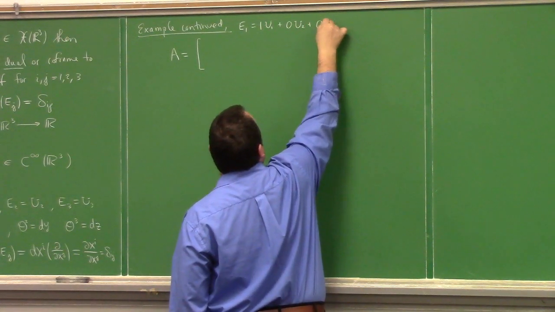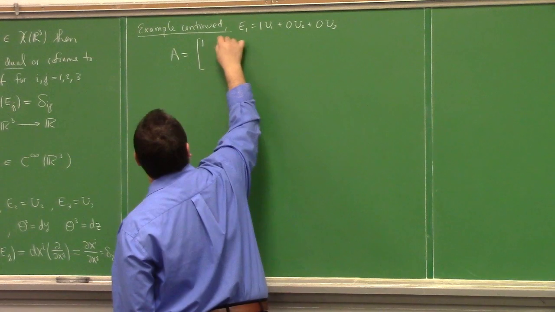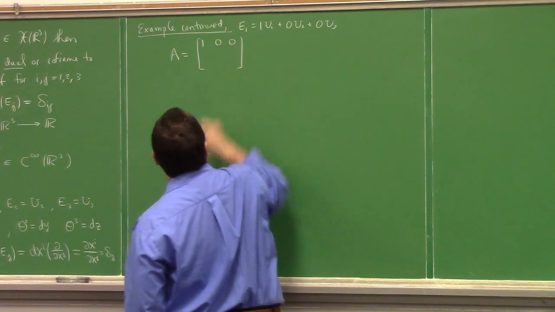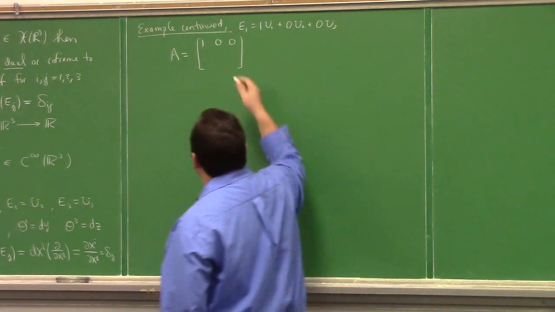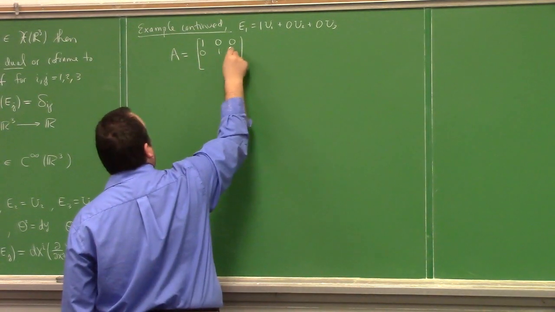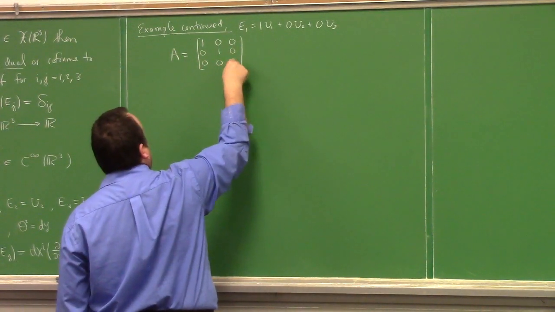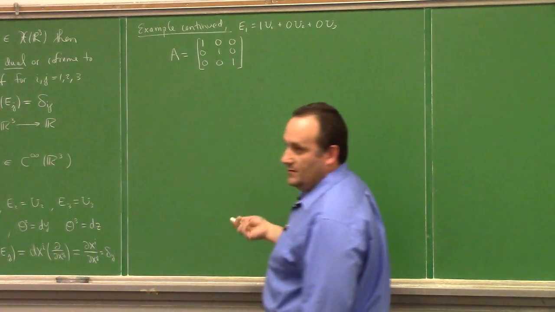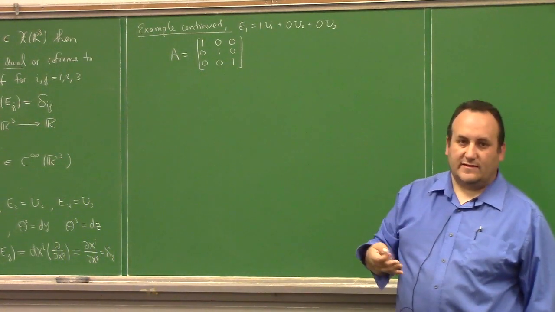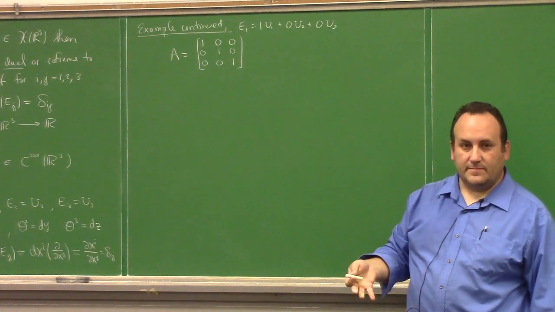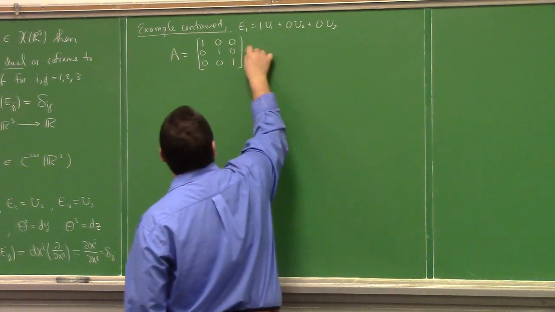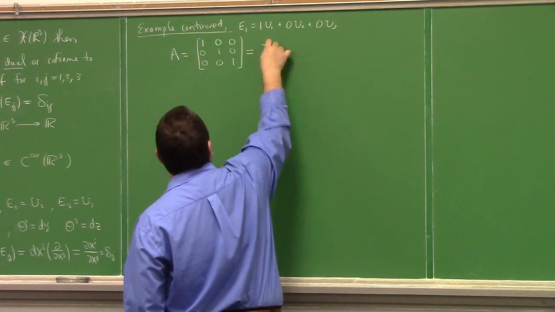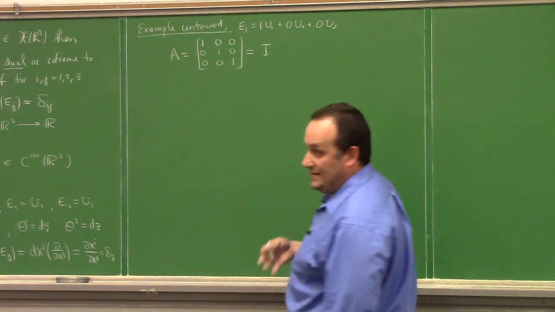So that tells me the first row in the attitude matrix is 1, 0, 0. And for entirely similar reasons, the second row is 0, 1, 0 and the third row is 0, 0, 1. In other words, the attitude matrix in this case is the identity matrix. All right? So for the Cartesian basis, the attitude matrix is just the identity matrix.